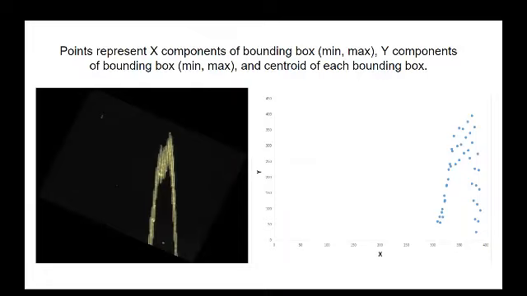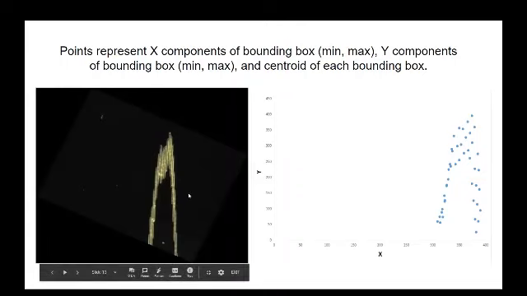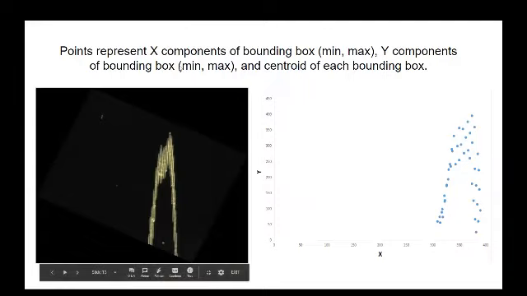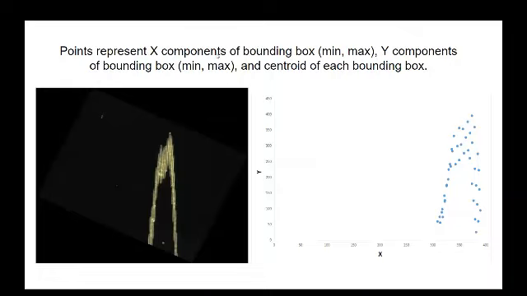In this case, the image on the left is represented by these dots. This image is processed, and then an XML file is produced, and then we can take data from the XML file and plot it on a bivariate graph. In this case, we have a number of different components of each filament.